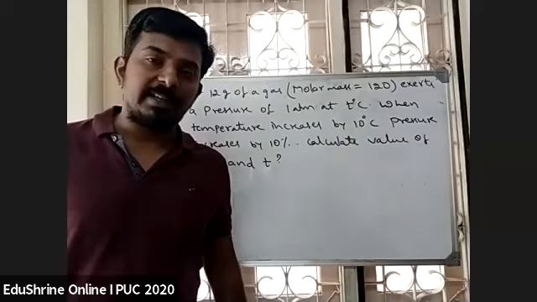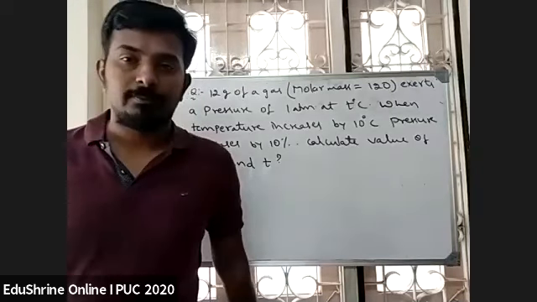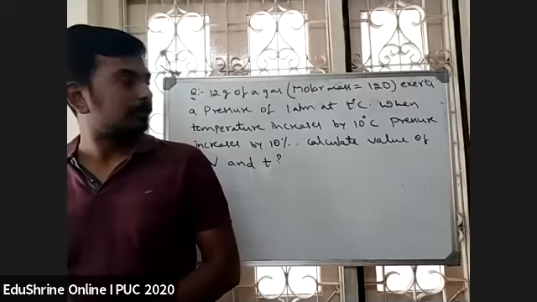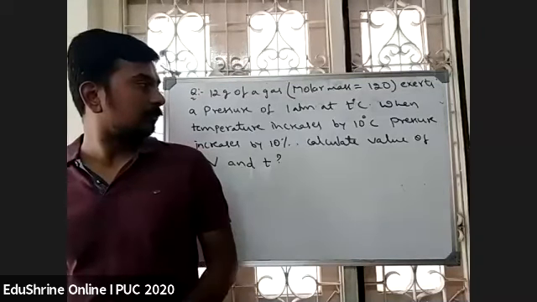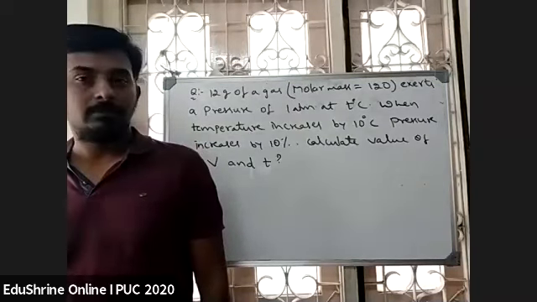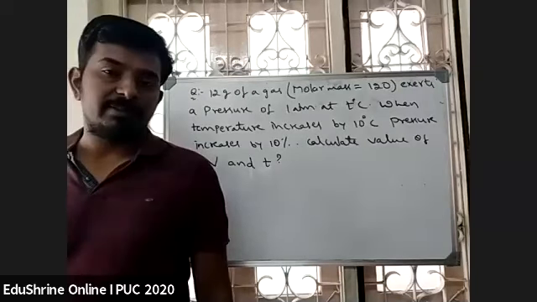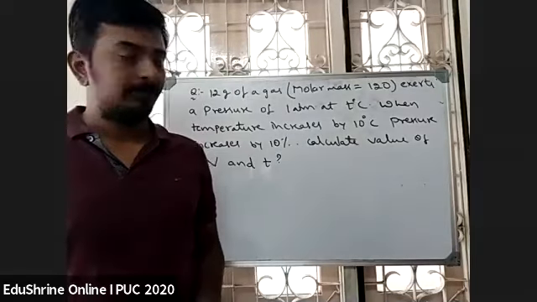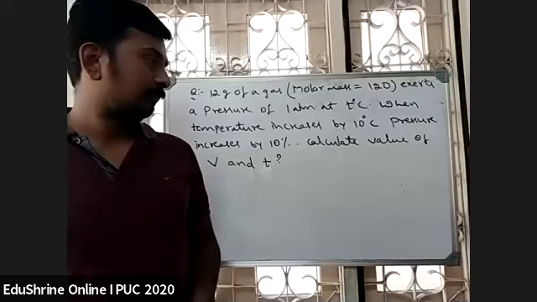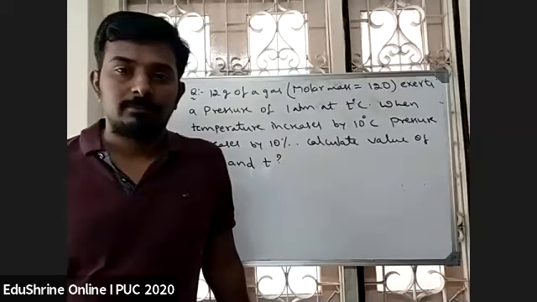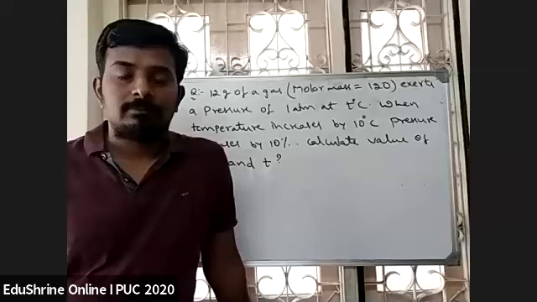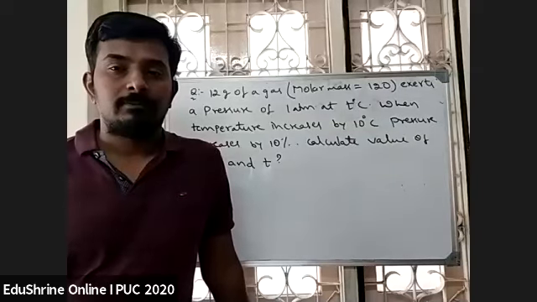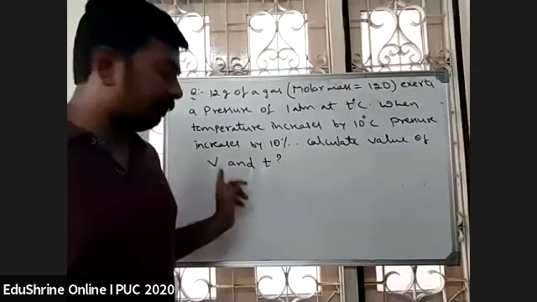Minus 173 degrees centigrade. Very good. Minus 173. What will be the value of V?